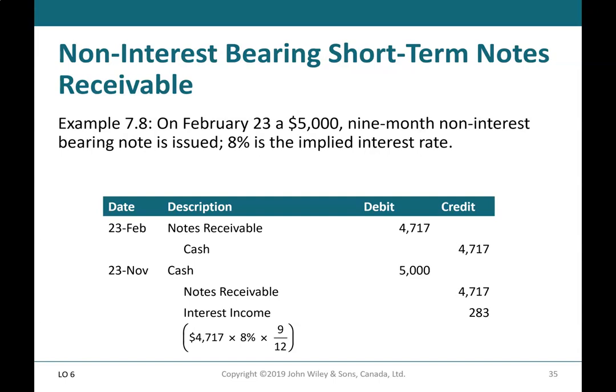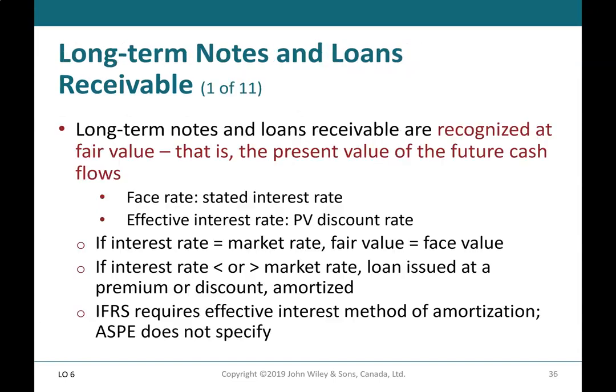On November 23rd, you would debit cash for $5,000, credit notes receivable for $4,717, and credit interest income for $283. So that would be the $4,717 times 8% multiplied by 9 months over 12. So we always record our notes receivable at present value.